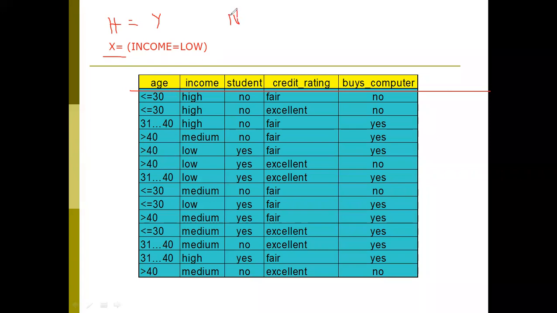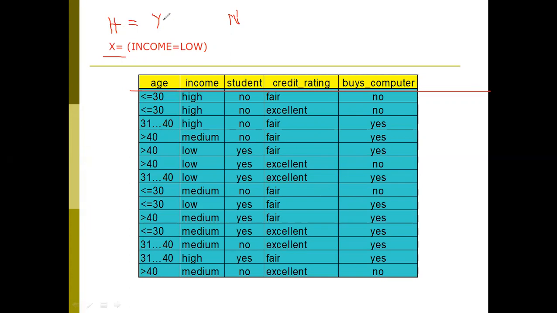That is H. How do you calculate the total S number of class labels?